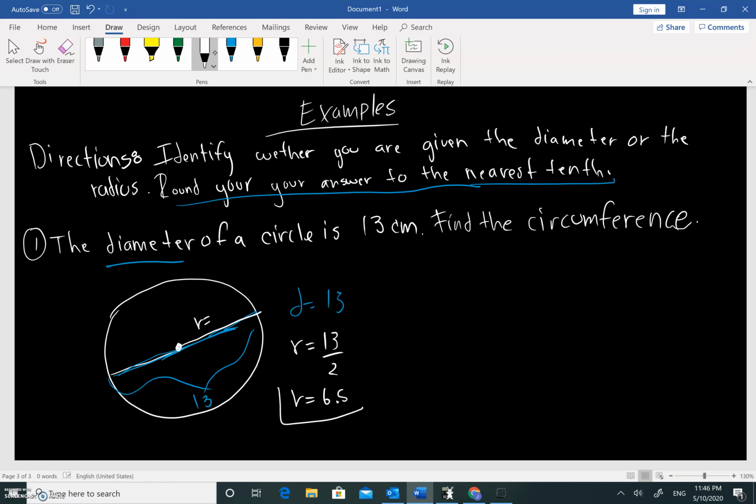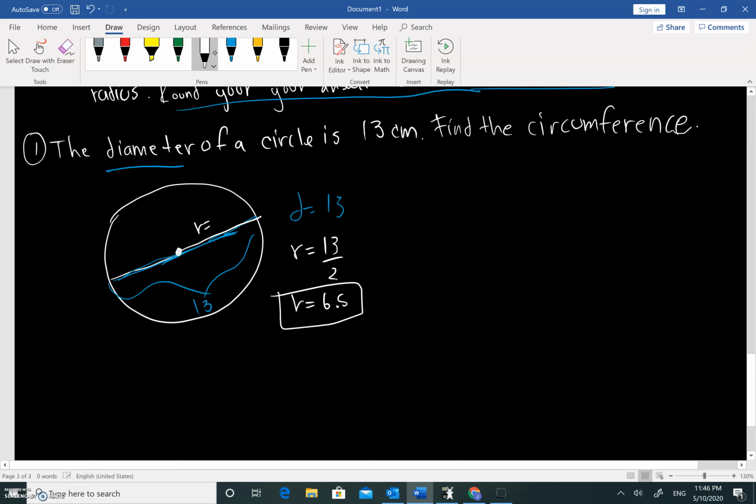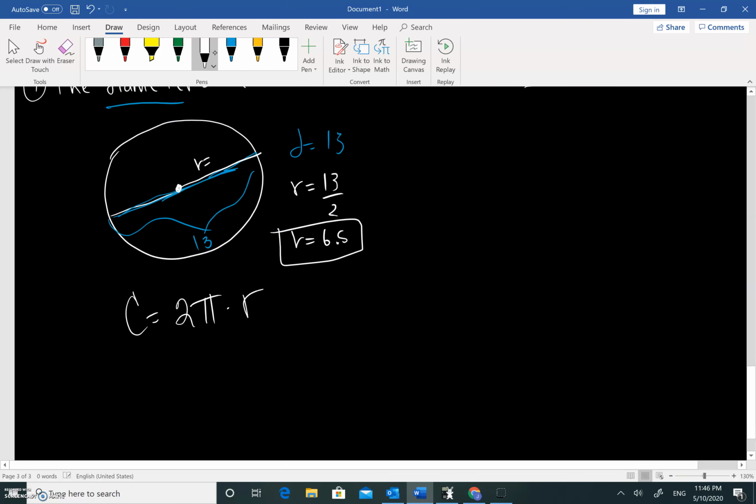6.5, sorry. So 6.5. That's not the answer. What we're looking for is the circumference. And circumference is equal to 2 times pi times my r. So now we have C is equal to 2 pi times my r, which in this case is, oh, I put the wrong number, 6.5.